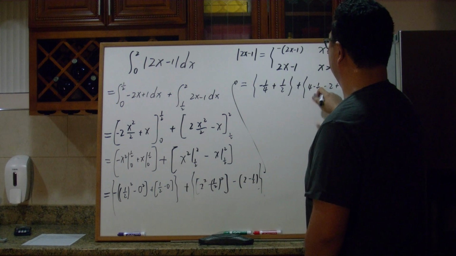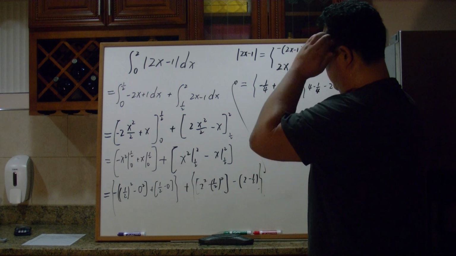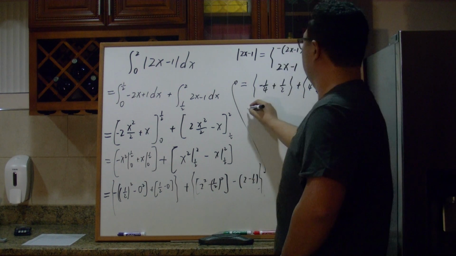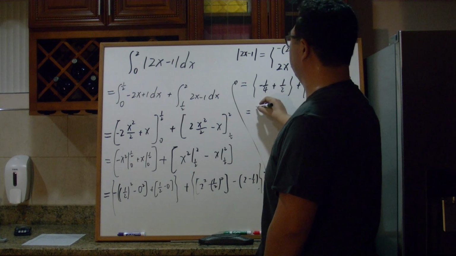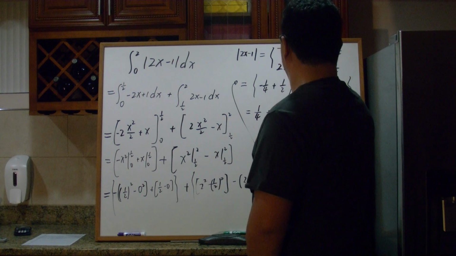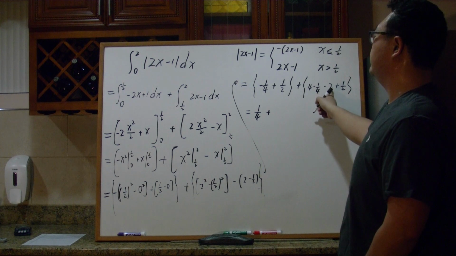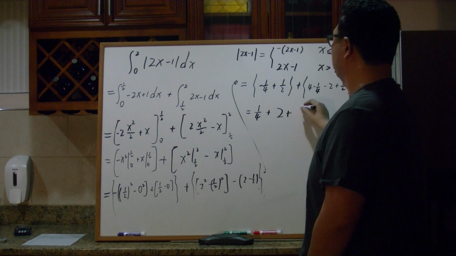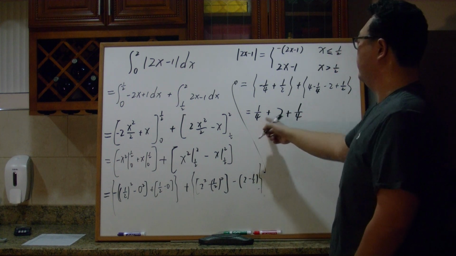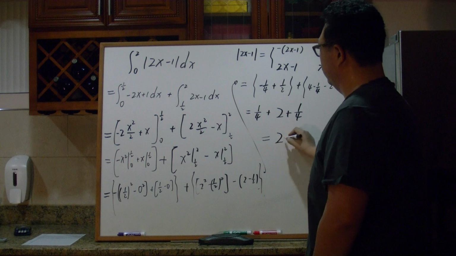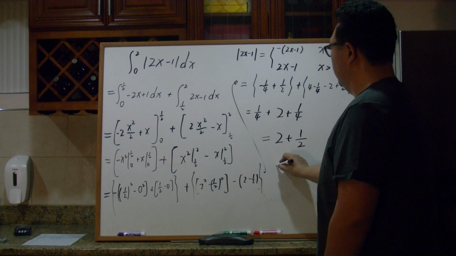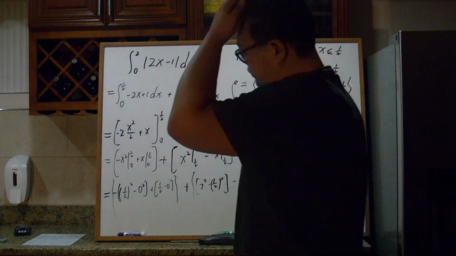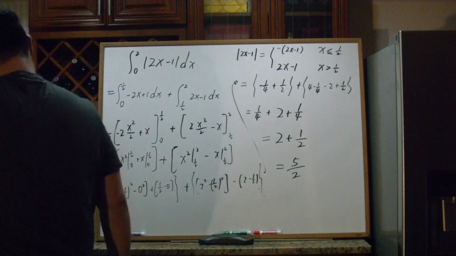So negative 1/4 plus a half is 1/4. From here we get 4 minus 2 plus 1/4. Well, 1/4 plus 1/4 is 1/2, and the total is 5/2, 2.5 basically.